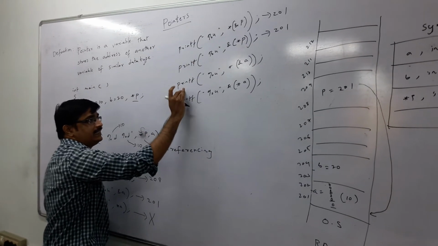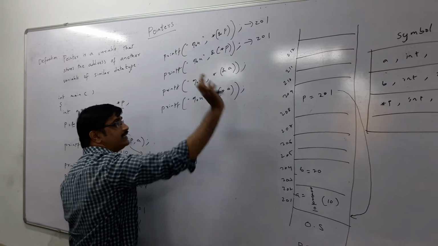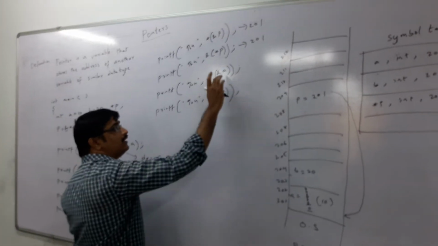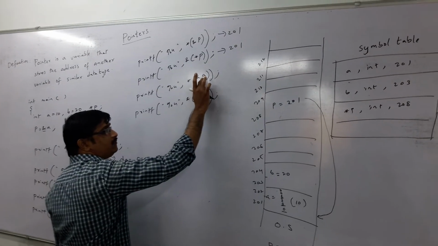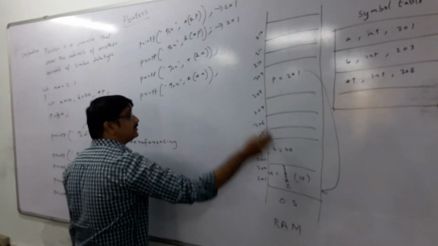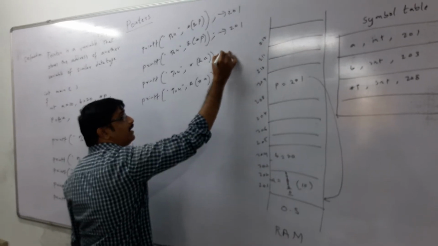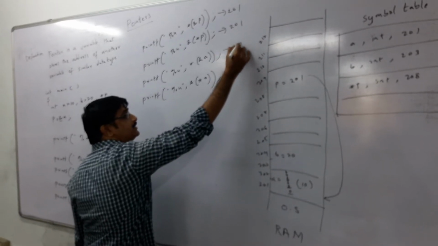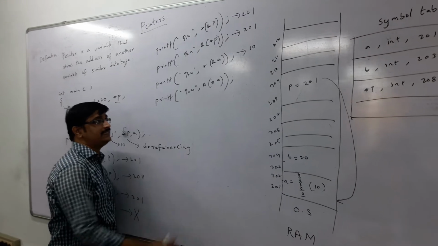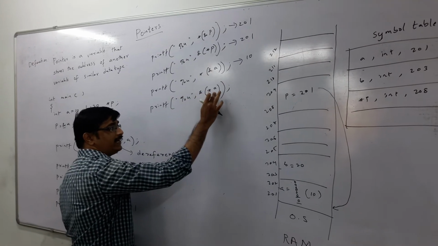Now let us see this one. printf("%u", *&a). &a is nothing but the address of a. * indicates the value at that address location, so the value at that address location is 10. Now let us see this one. printf("%u", &*a).